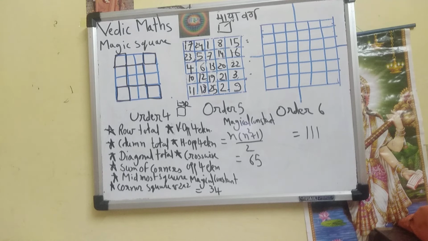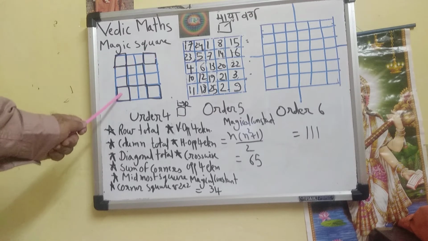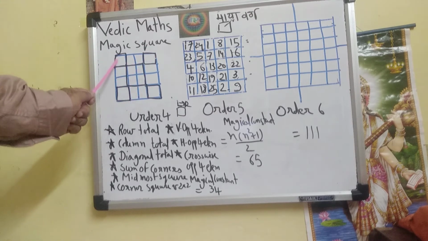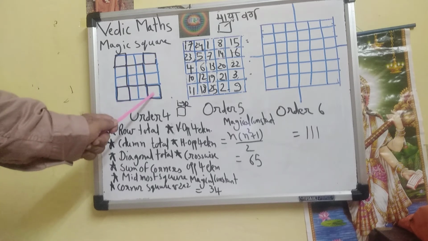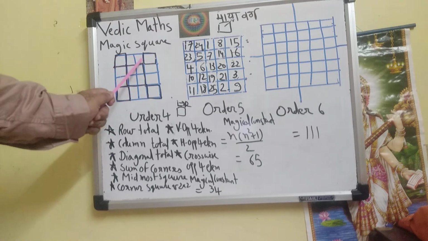So in this way we have formed a total of 5 squares: 4 squares of order 1 by 1 and 1 big square of order 2 by 2, and 4 rectangles also. These are 4 small squares and 1 big square. So in all 5 squares are there, and these 4 rectangles will be there.